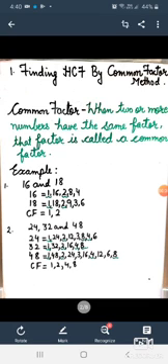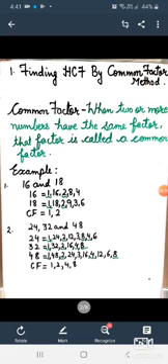Here, first of all, we will write the factors of 16. The factors of 16 are 1, 16, 2, 8 and 4. Now, remember one thing. Number 1 and the number itself are the two factors which we will write in all the numbers.